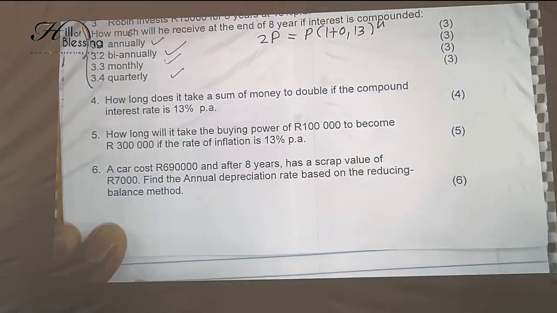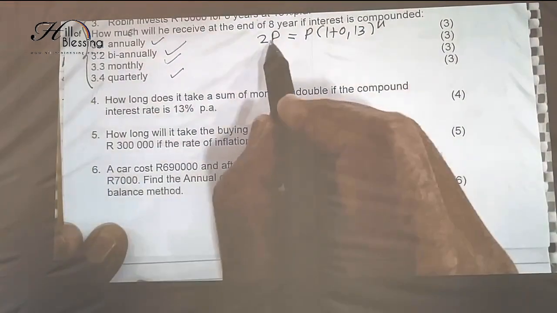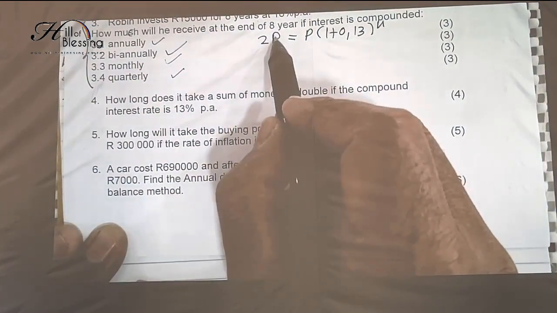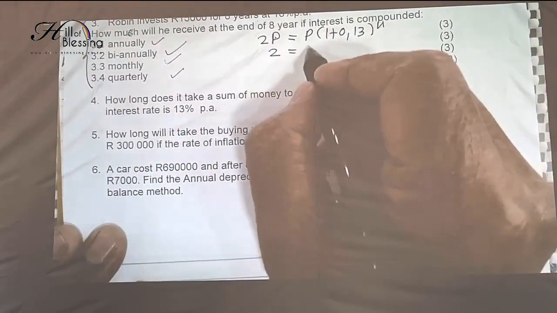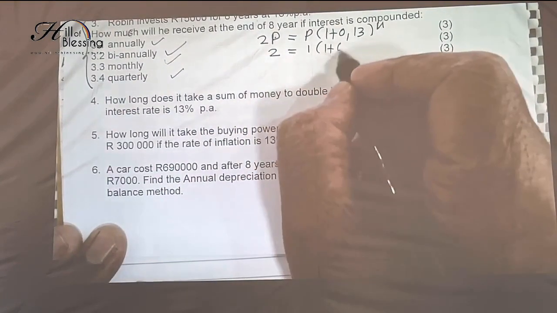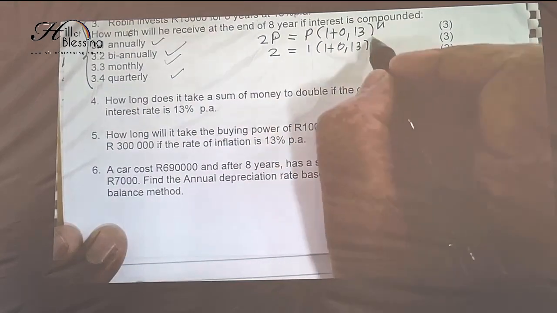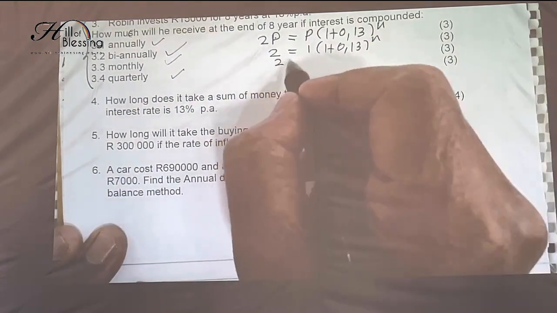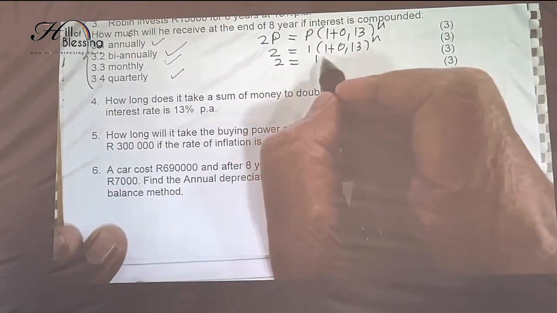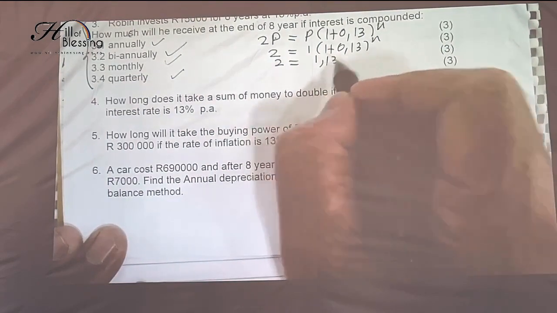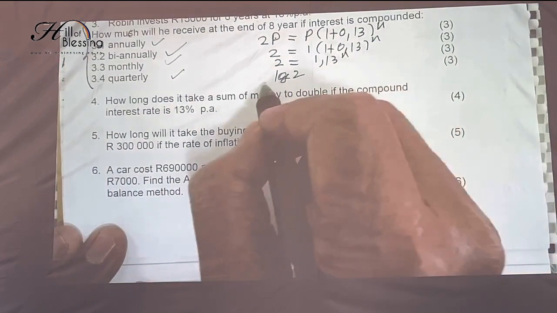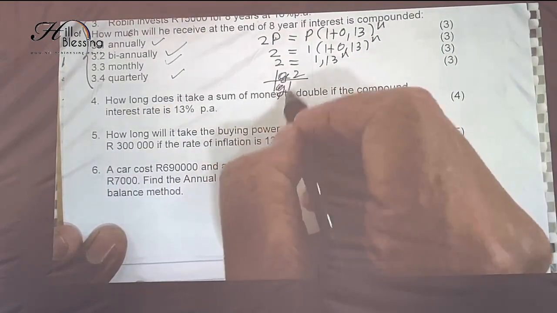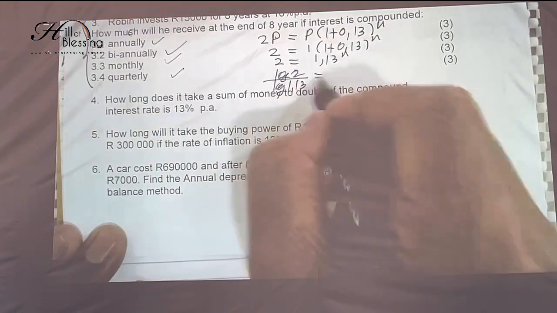N. So now, if you look very carefully, can you see you got P there and you got P there? So basically you got 2 is equal to 1.13 to the power of n. So the log of 2 over the log of 1.13 is equal to n.